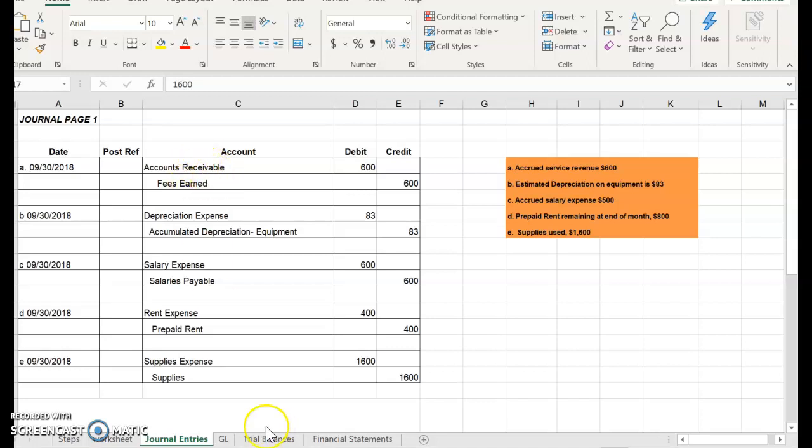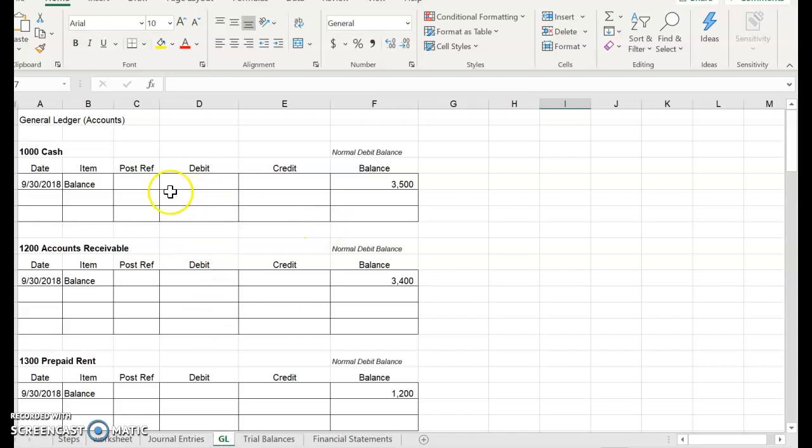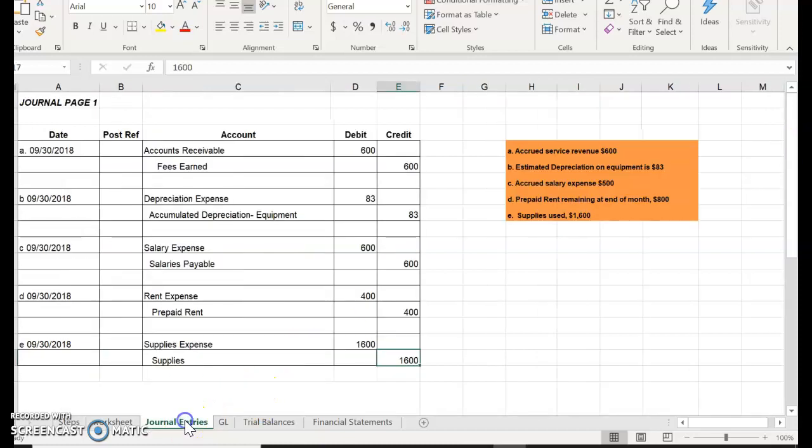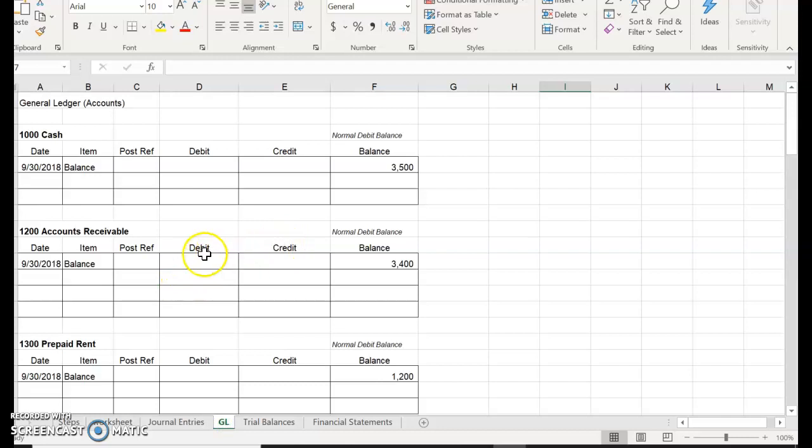Okay, accounts receivable. I go to my general ledger and find accounts receivable. Let me go back and show you. I just made a debit for $600, so I'm going to debit accounts receivable for $600. And now I have to get a new balance.